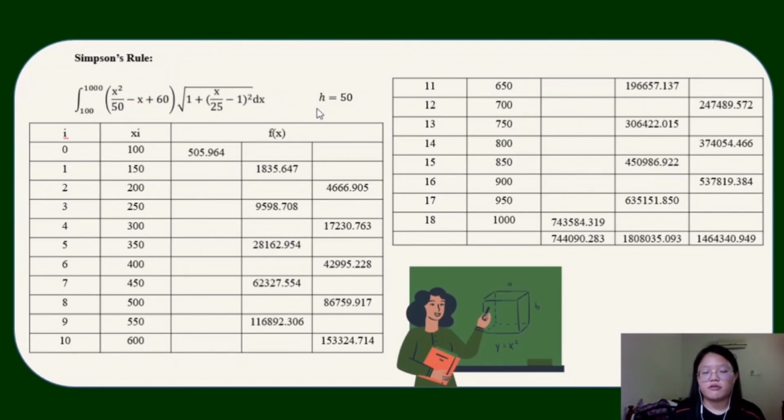So the increment of x, which is h, will be 50 to get a more accurate answer, and the number of intervals we will get is 18. So this table we will divide into 3 columns. The first column is when x equal to 100 and 1000, and the second column is when the iteration is in odd number, and the third column is when the iteration is in even number.